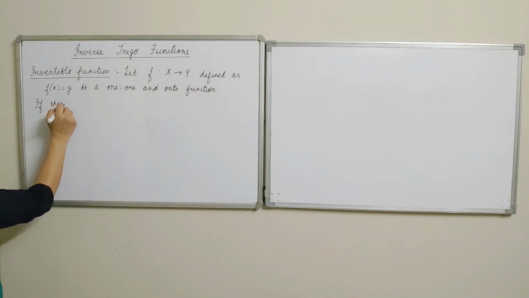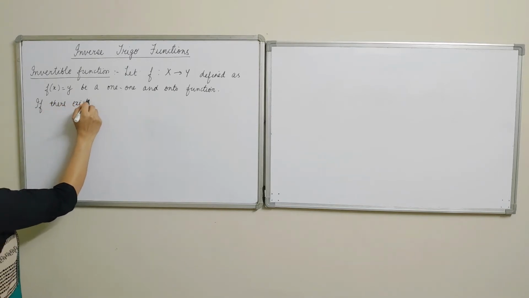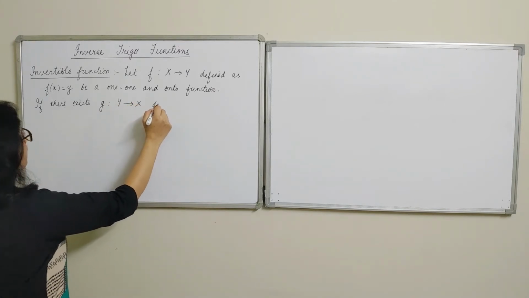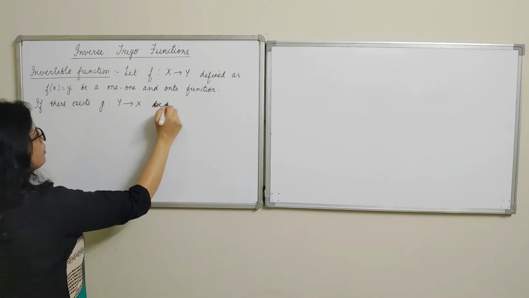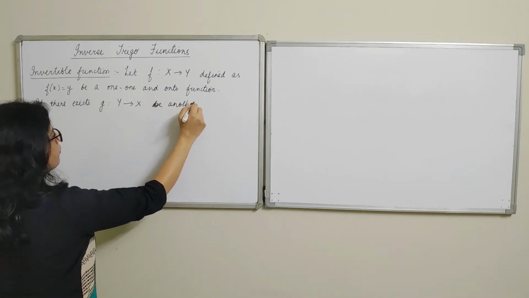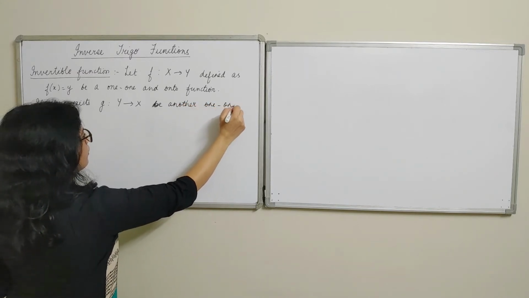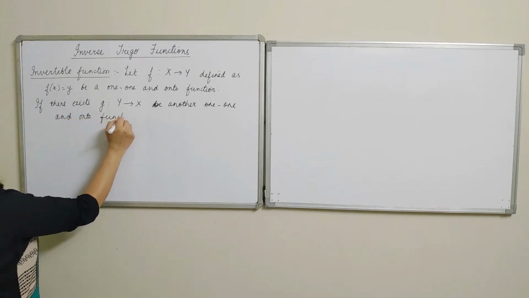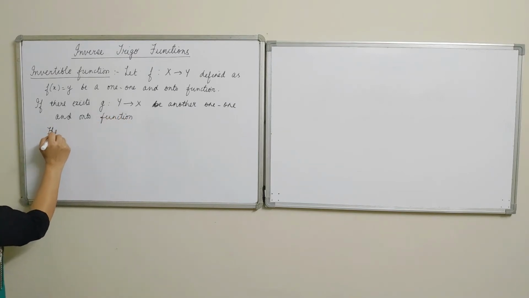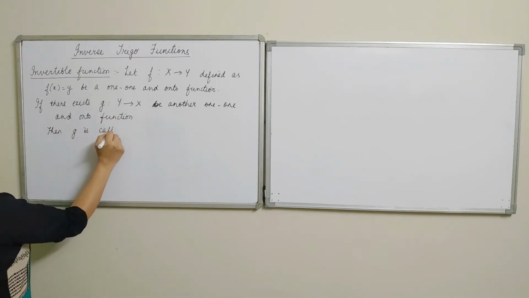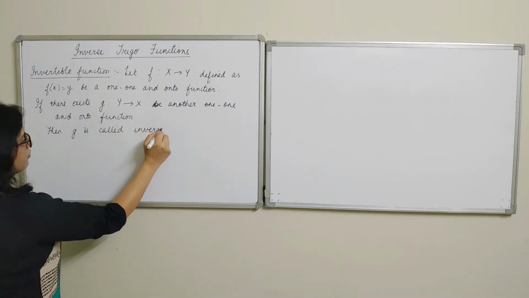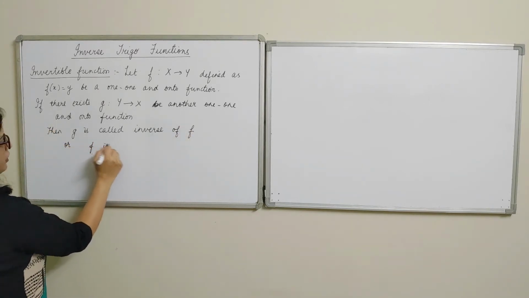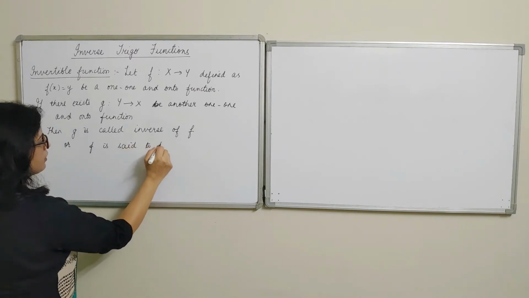So if there exists another function g from Y to X, this be another 1-1 and onto function, then g is called the inverse of f, or f is said to be invertible.